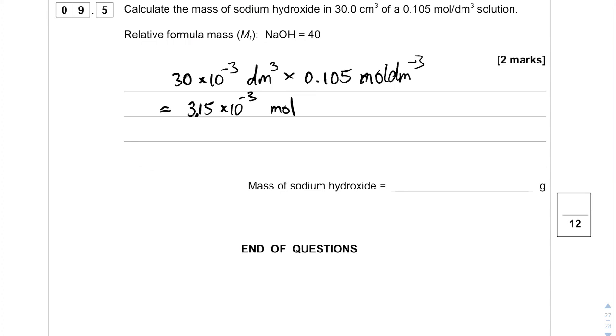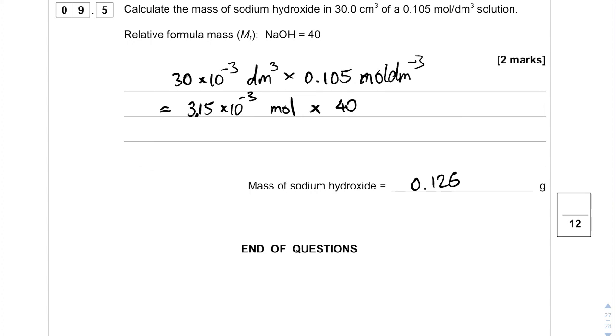If I multiply Mr with the number of moles, you get the mass, which is just 0.126 grams.